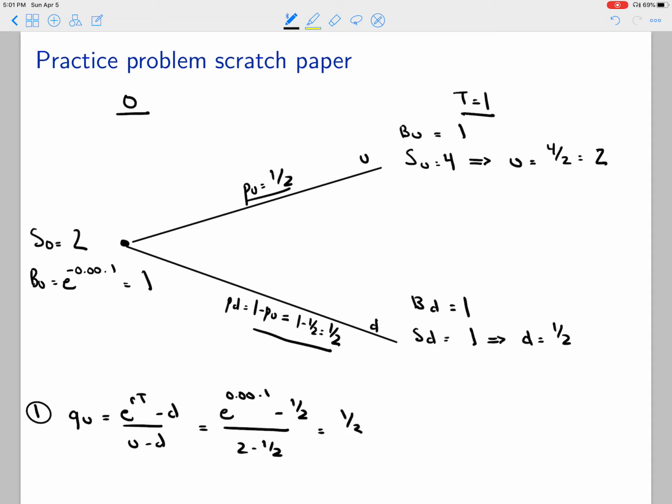This is going to be, work it out, 1/3. And Q sub D, the risk neutral probability of the down state, 1 minus QU, is equal to 1 minus 1/3, which is 2/3. Okay, let's add these to the model.